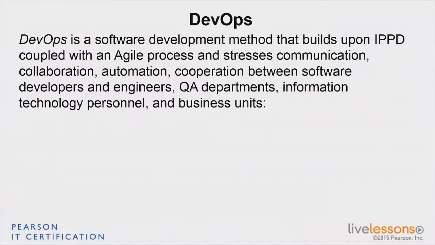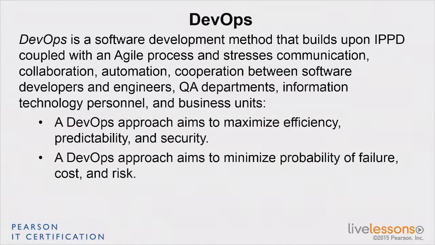DevOps is a software development method that builds on IPPD, coupled with an agile process, which we'll look at shortly, and stresses communication, collaboration, automation, cooperation between software developers and engineers, QA departments, information technology personnel, and business units.